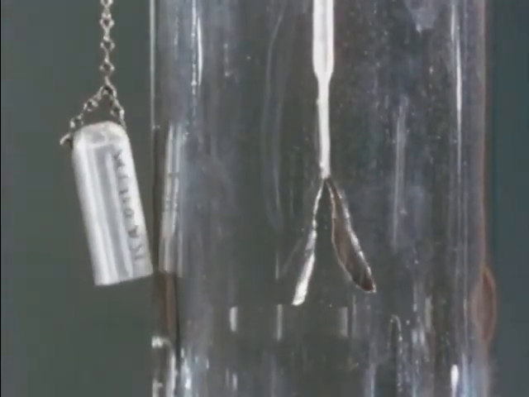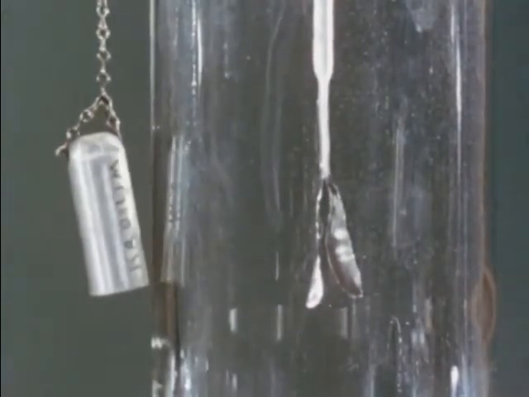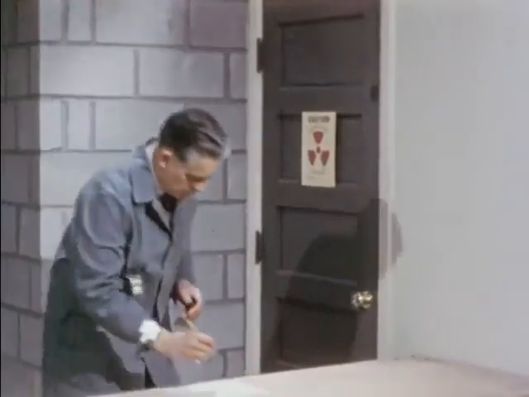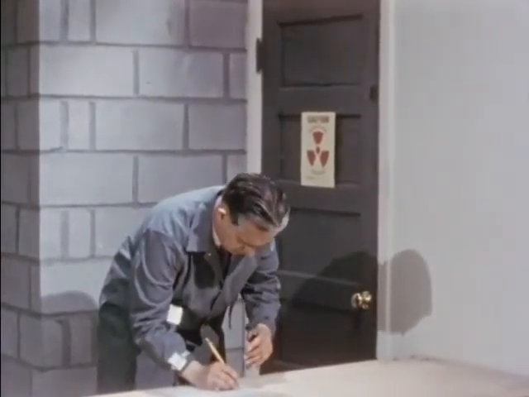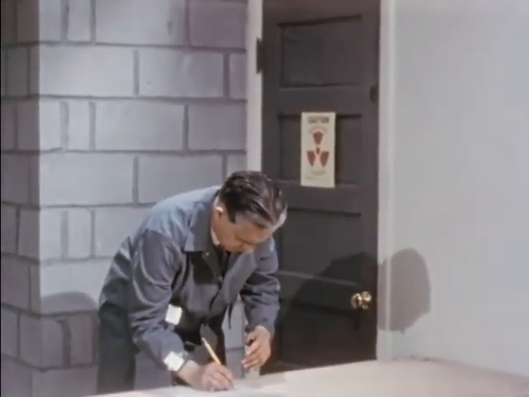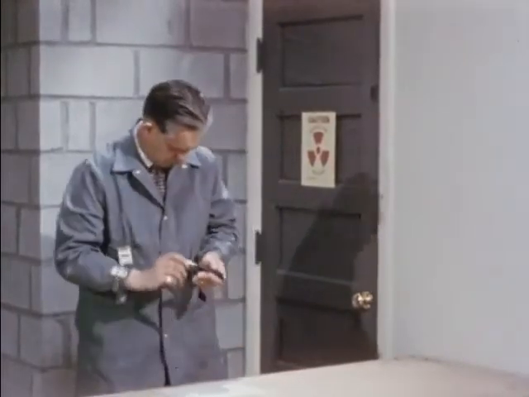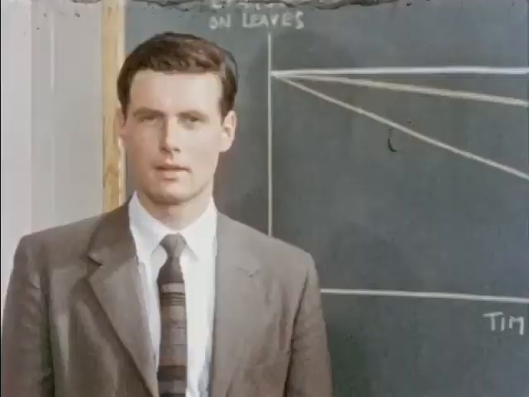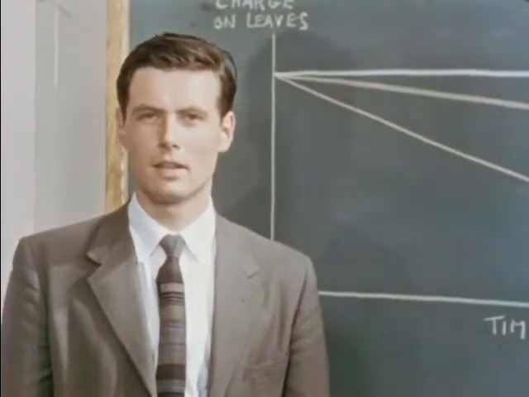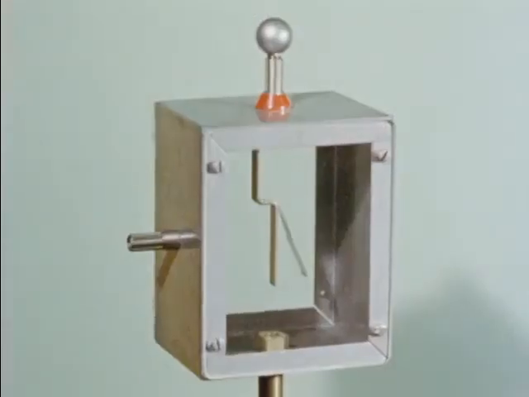An electroscope is, therefore, a means of detecting such agents, and in various forms is carried by thousands of workers in atomic industries to check their exposure to dangerous radiation. Finally, an intriguing problem.